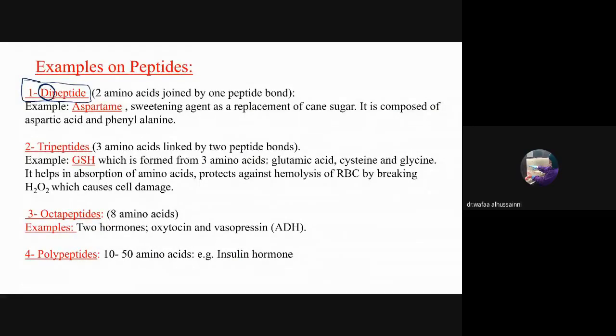So this means this dipeptide has 2 amino acids joined together by 1 peptide bond. An example of that is aspartame, and this is a sweetening agent that we use instead of sugar. This is aspartame, and it is composed of aspartic acid and phenylalanine. This is an example of a dipeptide.